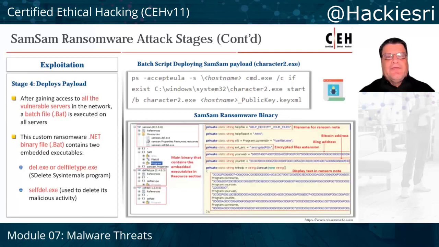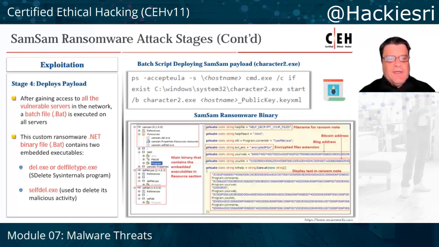SamSam ransomware attack stages continued. Next, we have the exploitation. Stage 4 deploys payload. After getting access to all the vulnerable servers in the network, a batch file is executed on all servers. This custom ransomware .NET binary file, .bat, contains two embedded executables.